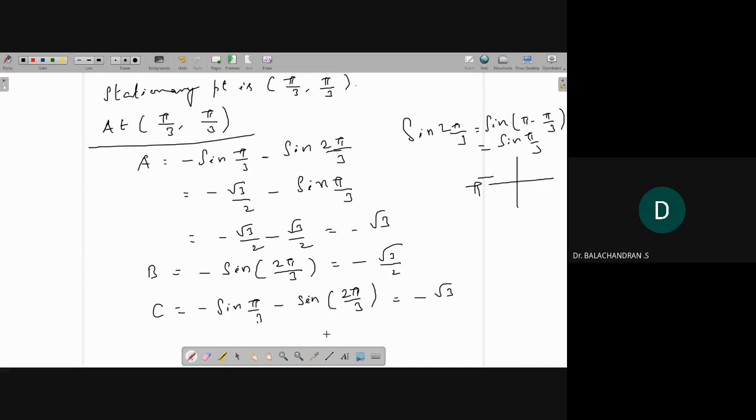And delta is equal to AC minus B square. So 3 minus 3 by 4, that is 12 minus 3, 9 by 4, which is greater than 0, and A is less than 0.